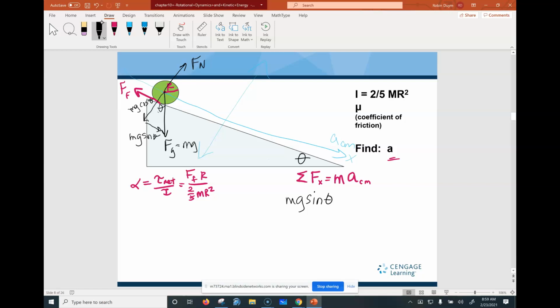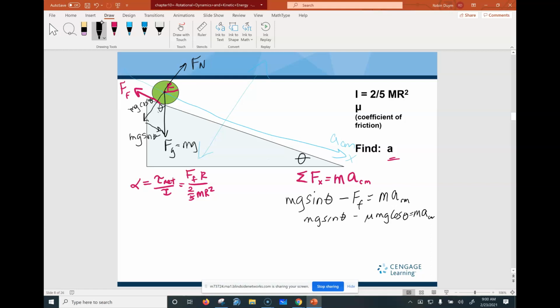That's the weight of the ball in the x direction, minus that force of friction is going to get the center of mass of that ball to accelerate down. You can then get mg sine theta minus mu mg cosine theta equals ma.